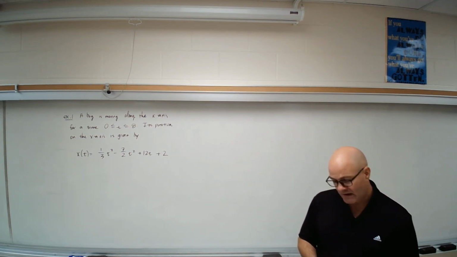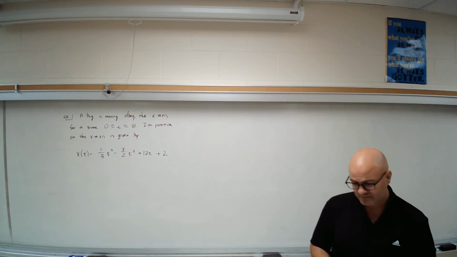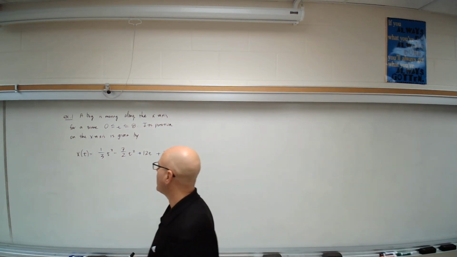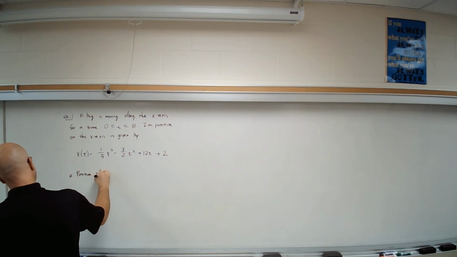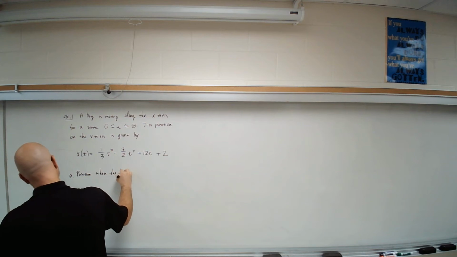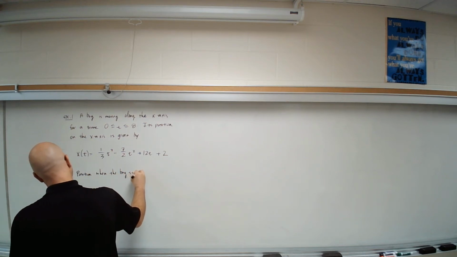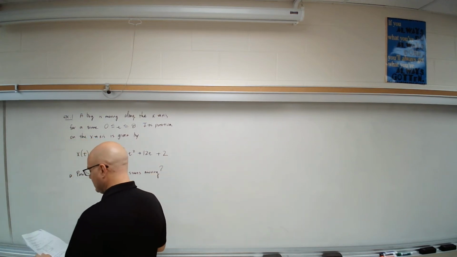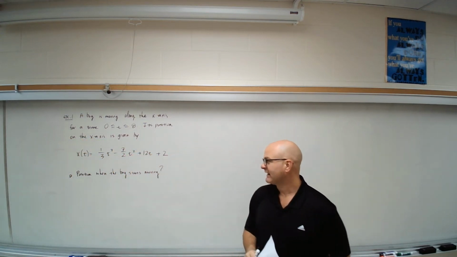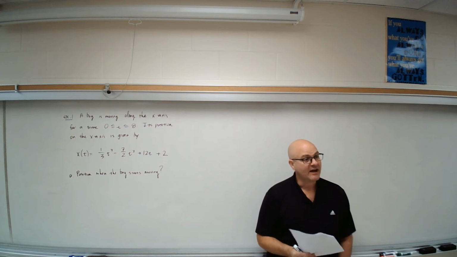So we're asked some questions here. The first is, what is the position of the bug at the time when it starts moving? Or starts walking. So with this, that would be at time 0, correct?